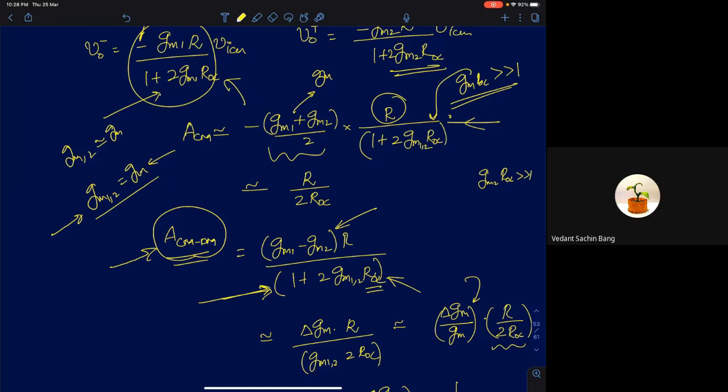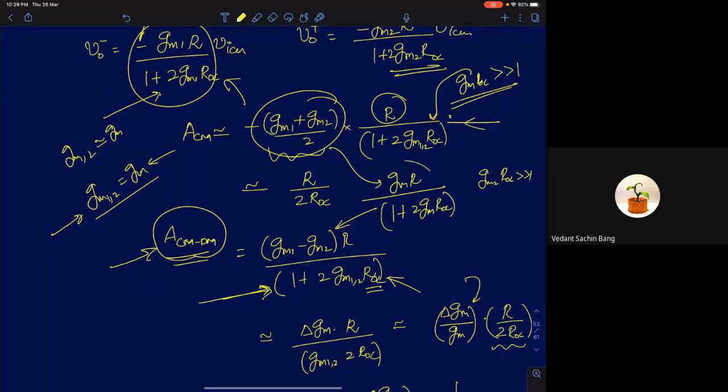If you see this expression, the first term I can approximate to GM. So it is GMR divided by 1 plus 2 GM ROC. Compare it with a voltage biased differential pair, where the common mode gain was very close to GMR itself, even in the presence of mismatches.